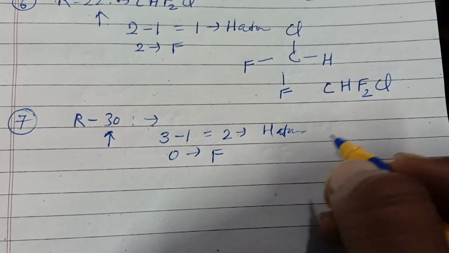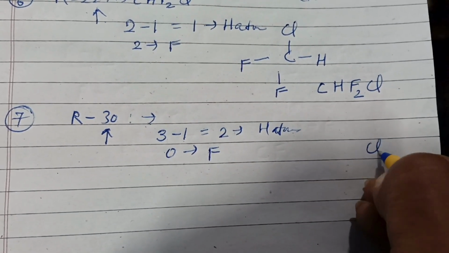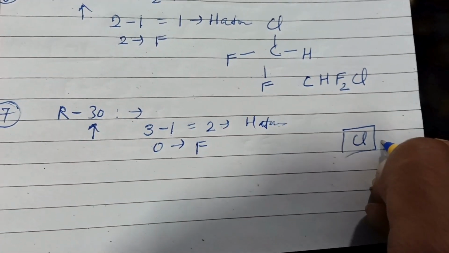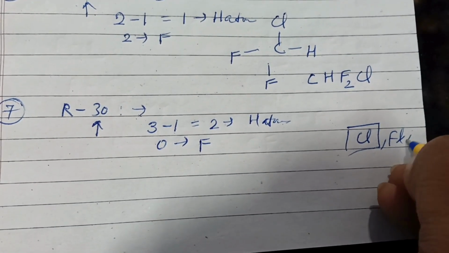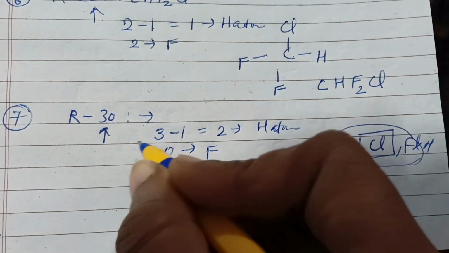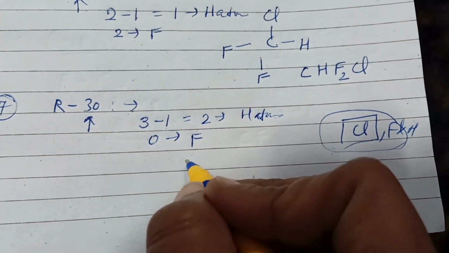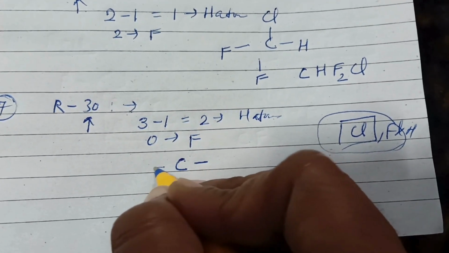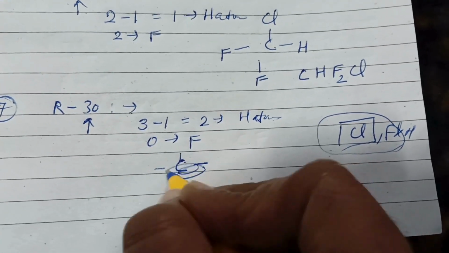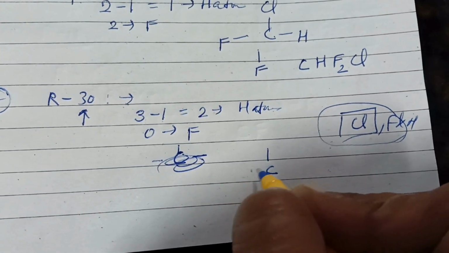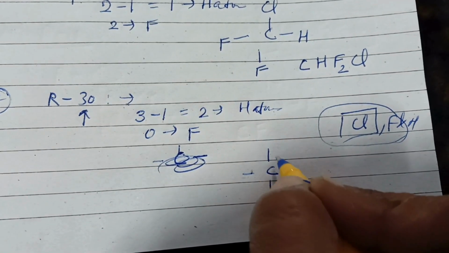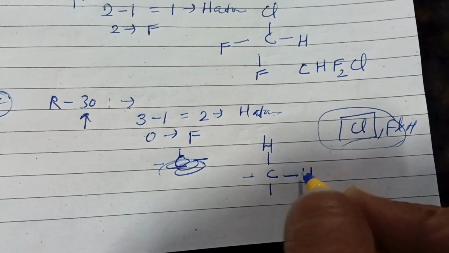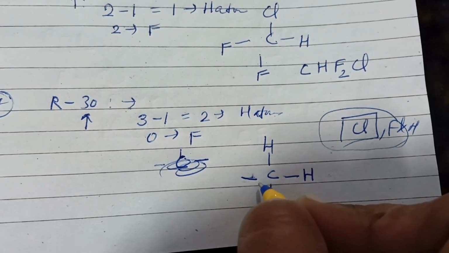And the rest is always taken by chlorine, because you have to decide the number of bonds taken by the atoms between chlorine, fluorine, and hydrogen, because no other carbon will come in the case of a methane based refrigerant. So you got the formula. If you want, you can expand this again. So 2 hydrogen atoms, you can fill these 2 with hydrogen, and decide for the rest 2.